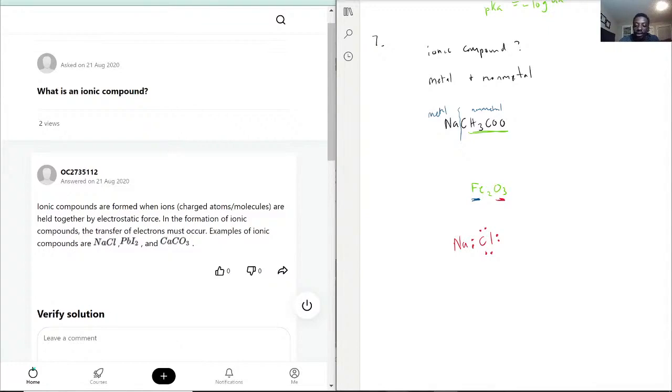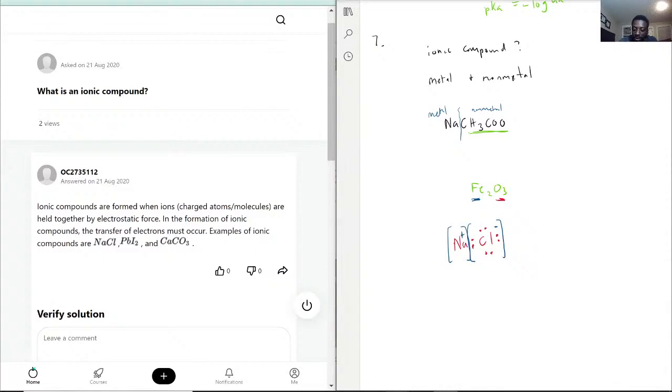But because metals can shed their electron, they can fully donate the electron over to the non-metal, so it'd actually be more like this. We have our negative and our positive.